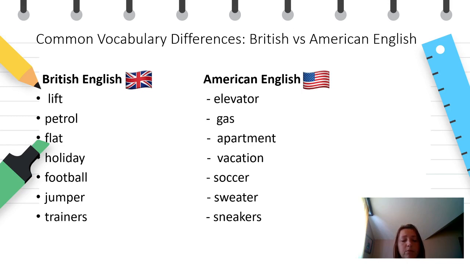British people put on a jumper, and Americans put on a sweater. For light and comfortable shoes, usually shoes for sport, British use the word trainers, and Americans use the word sneakers. I'm putting on my trainers, or I'm putting on my sneakers.